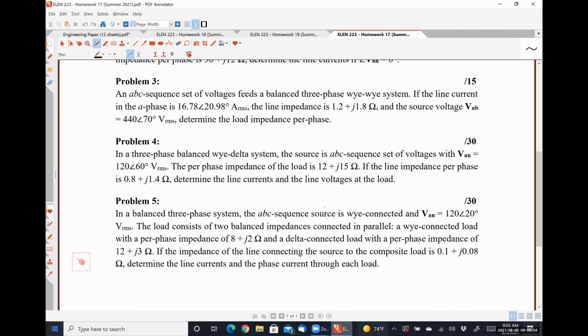So we convert our delta connected load into a Y connected load, figure out what our line currents are using our single phase equivalent circuit, figure out what our Y connected voltage is, and then use that to figure out what our line voltage is, and then you're done. So all those I feel are pretty straightforward, but if you want me to work through any of them, I'm happy to help.